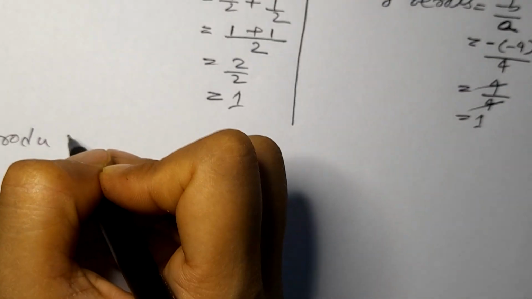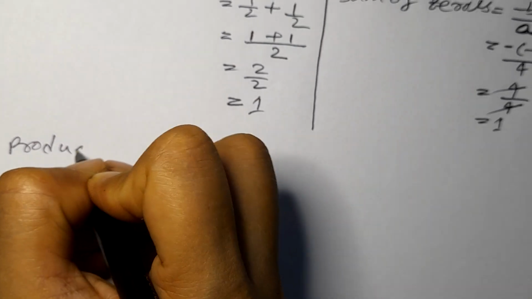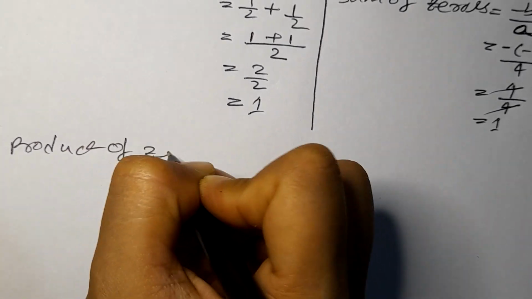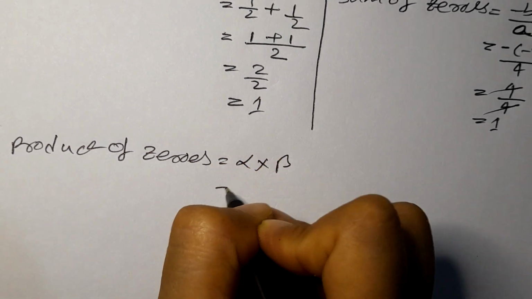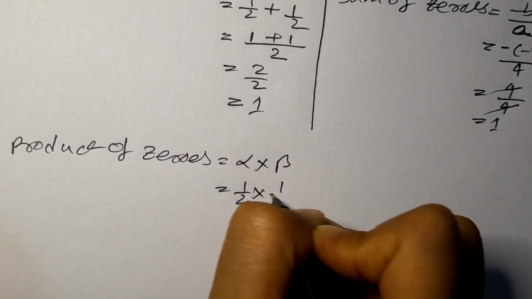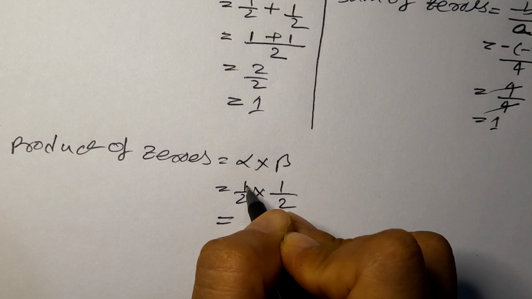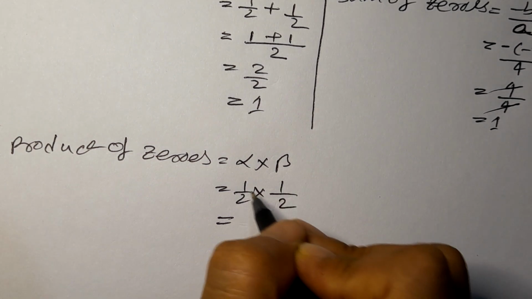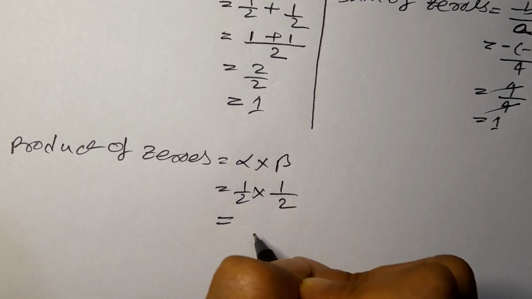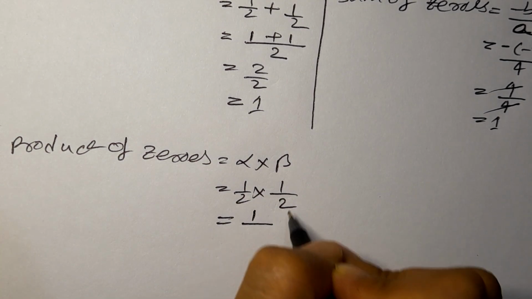Product of zeros. There is a multiplication, alpha into beta. What is the value of alpha? Half. What is the value of beta? Half. So half into half, while multiplying, multiply the numerator and multiply the denominator. Numerator 1 into 1, that is 1. Denominator 2 into 2, that is 4.